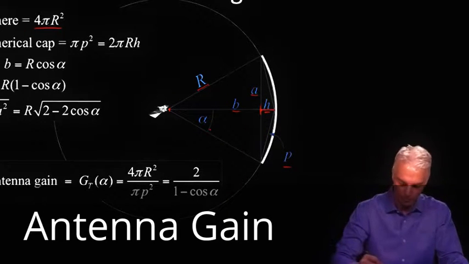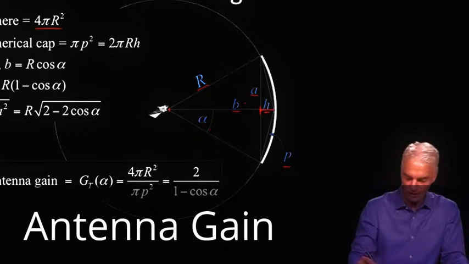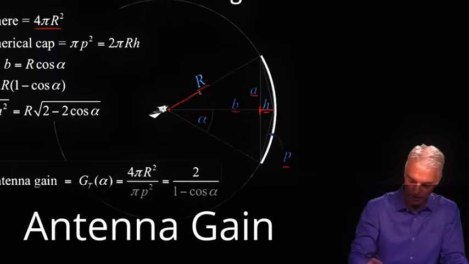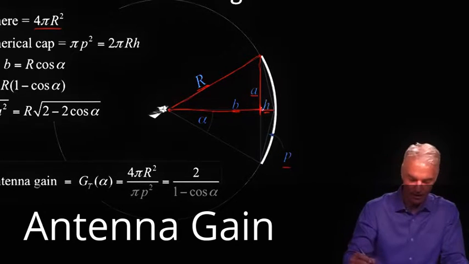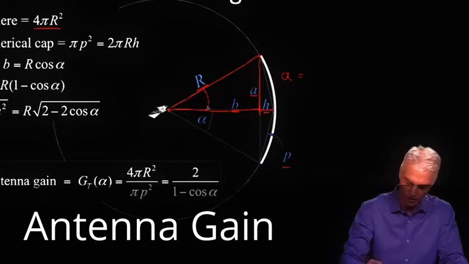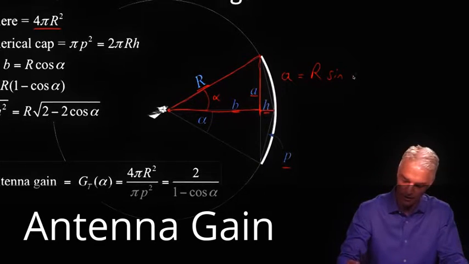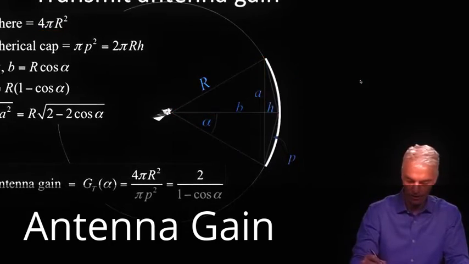Now we can start filling in some values in terms of other values. We've got a right angle triangle here by construction, and this angle is also alpha. So A is simply r sine alpha, and B is r cos alpha.